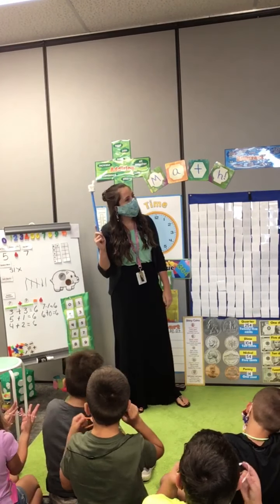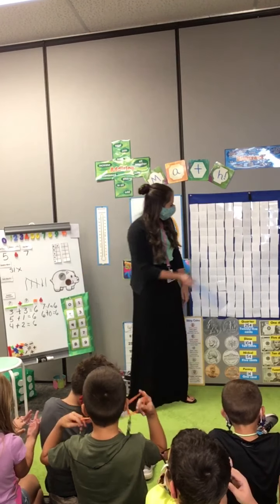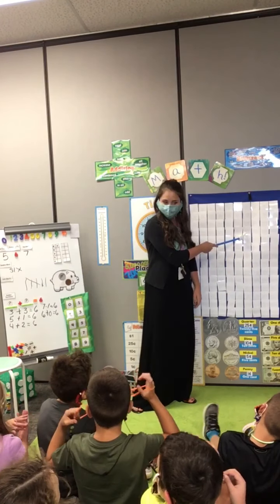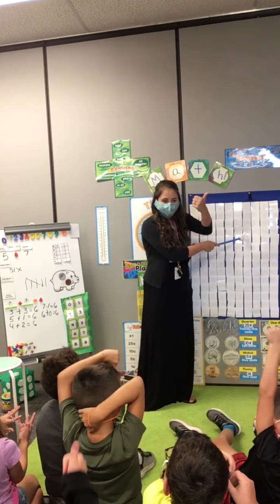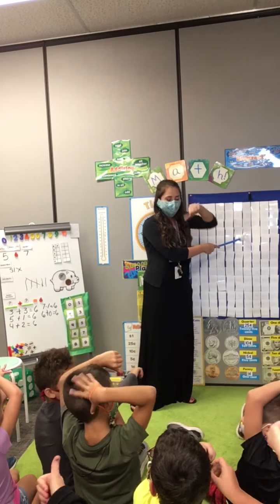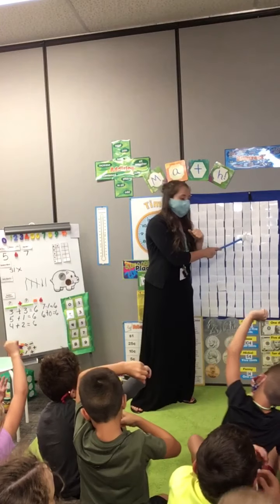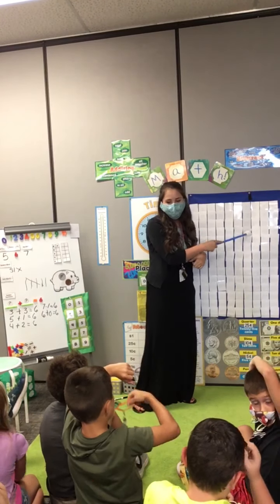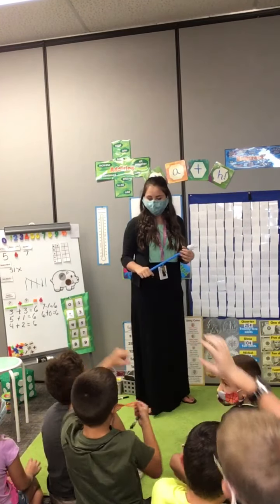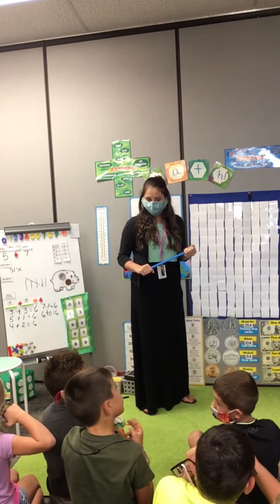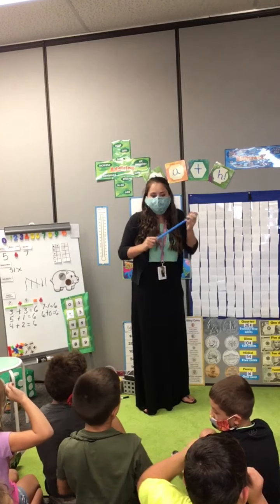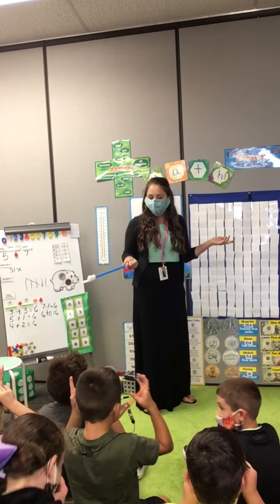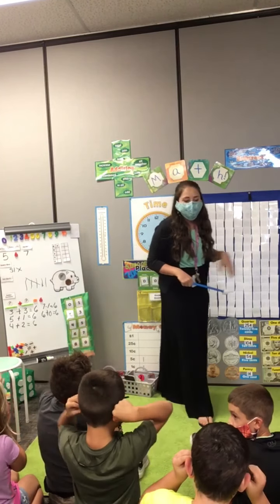I want you to tell me, will we have that one? 37. Up or down? You got to be able to tell me why. Why, Jonah? Because it's not an even number. It ends in a 7. 7's not even.